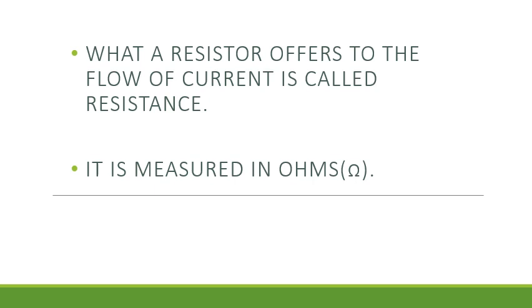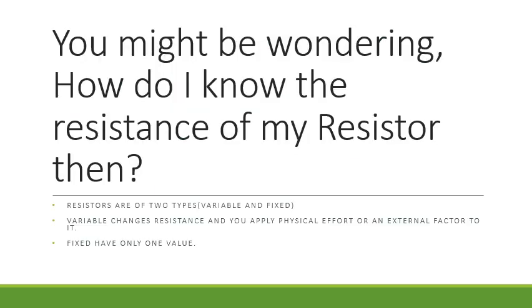The resistance is what a resistor offers to the flow of current, so we call it resistance. When we are talking about the physical quantity, we call it resistance, the resistance of a resistor. Resistance is measured in ohms. You can see the symbol there. It's measured in ohms.